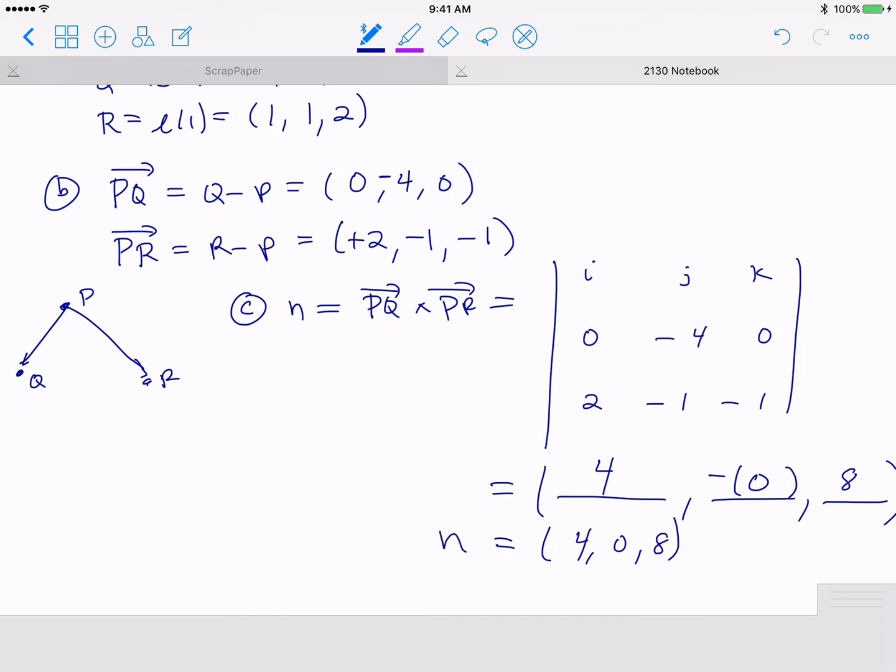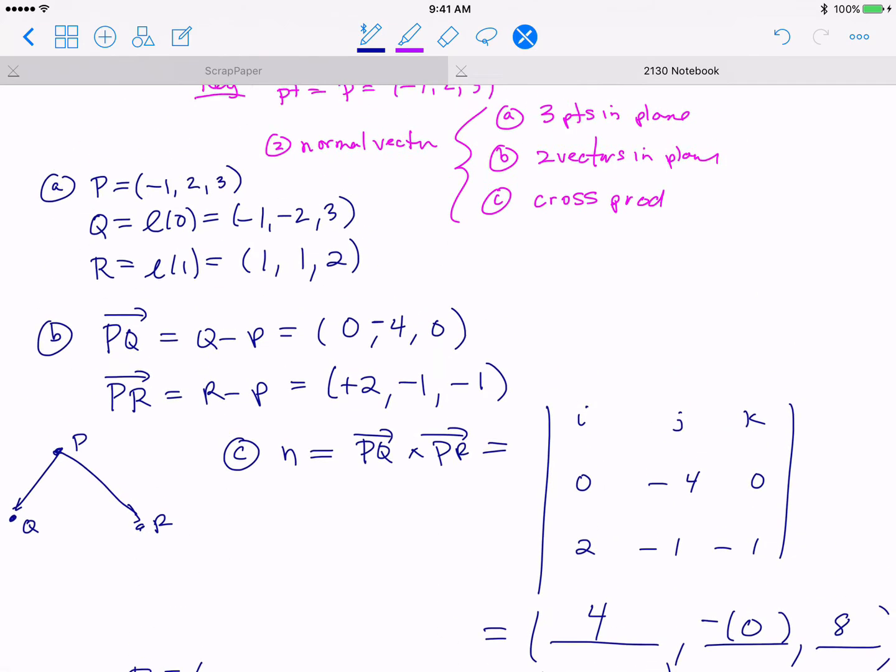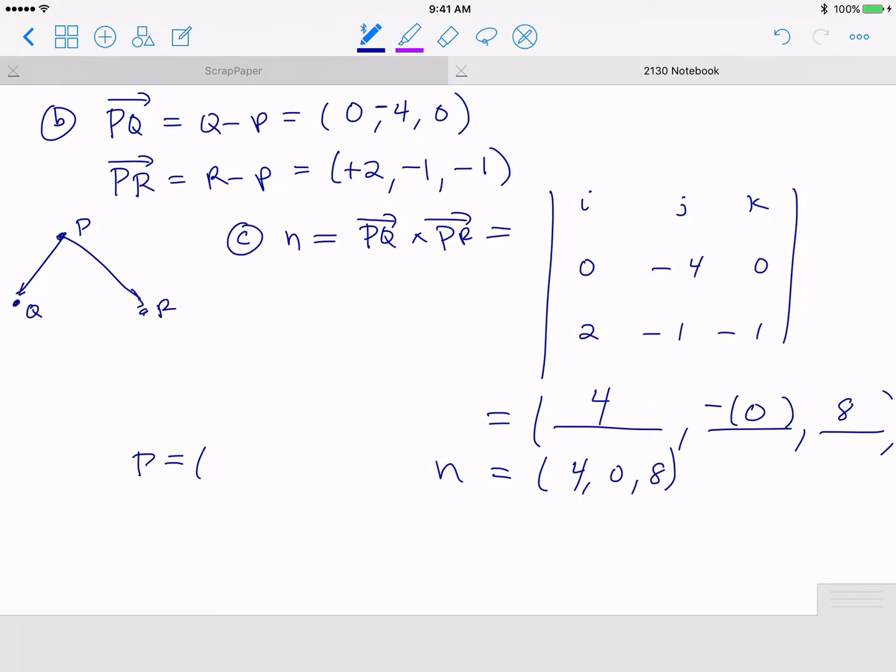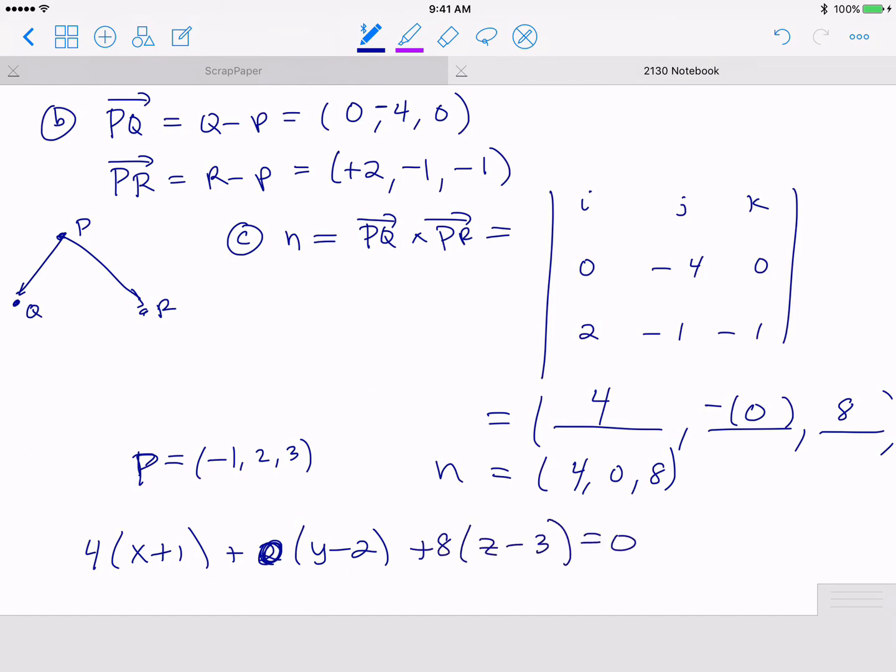And we know a point already in the plane. I think we decided that that was (-1, 2, 3). And from there we can construct the equation of our plane as 4 times (x plus 1) plus 0 times (y minus 2) plus 8 times (z minus 3) equal to 0.